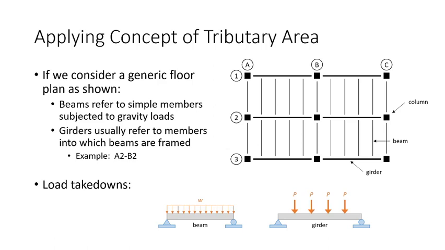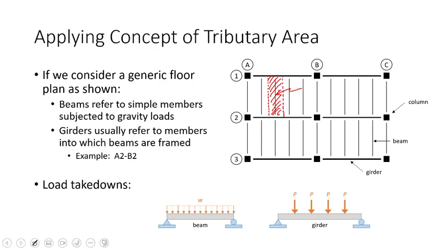So if we're looking at tributary area, let's take a given beam, let's take this one. The tributary area for that beam goes halfway over to the next one, halfway over to the next one.